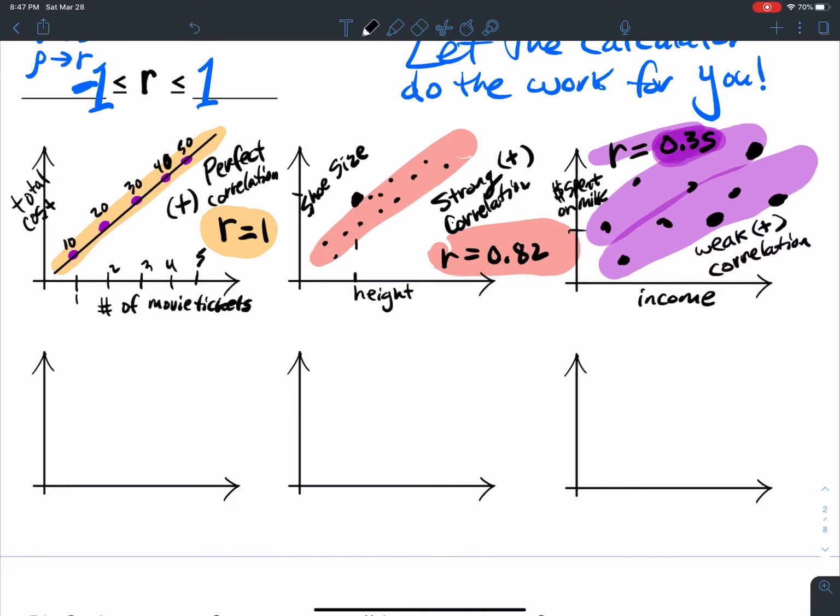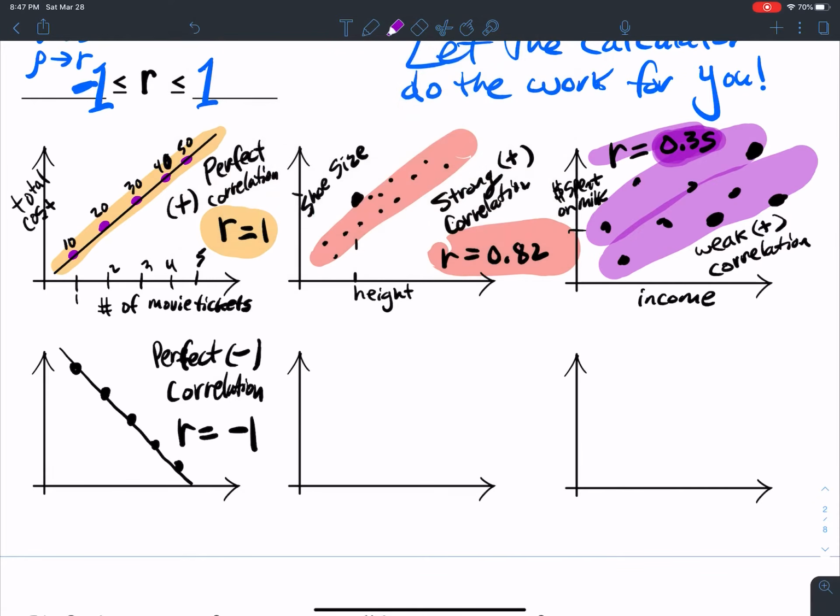Okay. The other scenario, instead of being a perfect positive, you could have a perfect negative. So perfect negative. This would be R equal to -1.